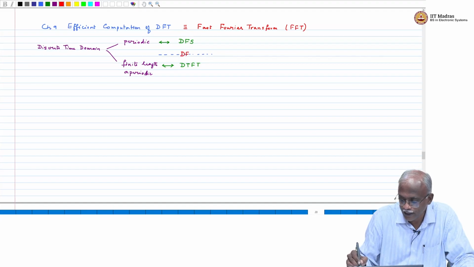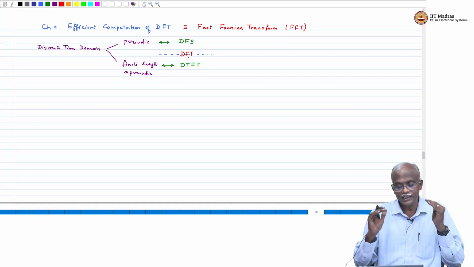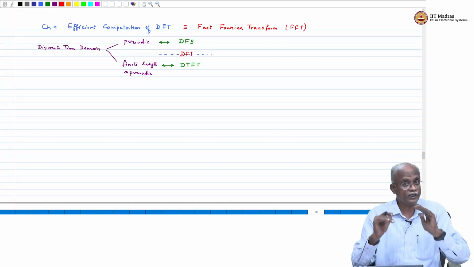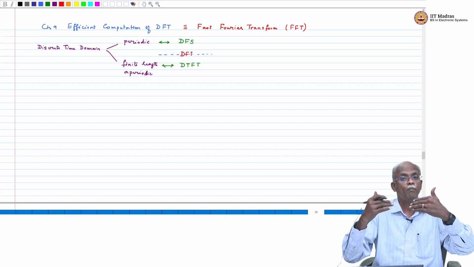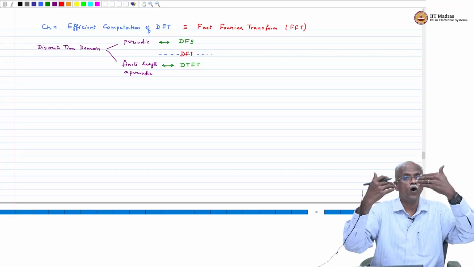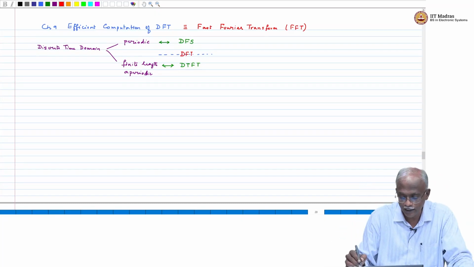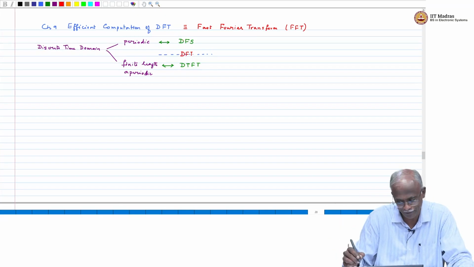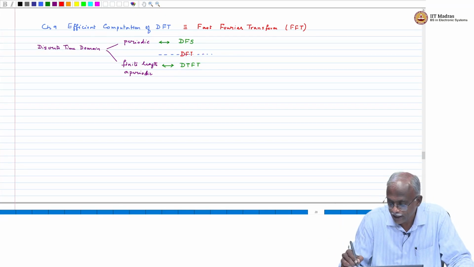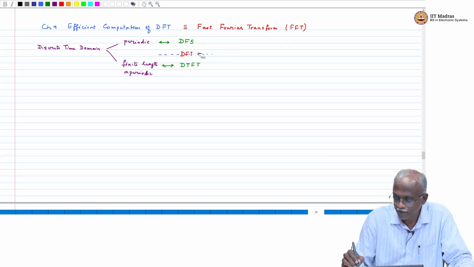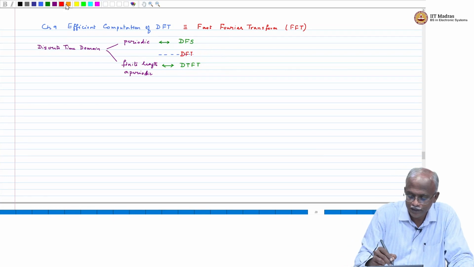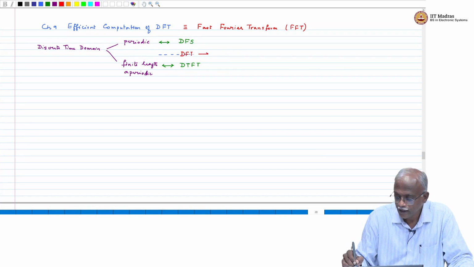This is called DFT. It is a representation of a finite length sequence, but it relies very heavily on the periodic signal, which has the properties of DFS. And DFT has a very efficient implementation. This is what we call the fast Fourier transform.